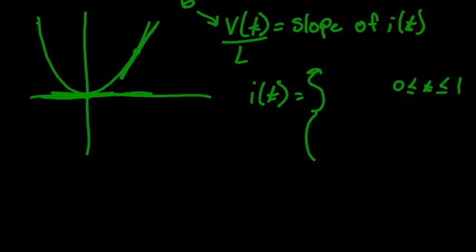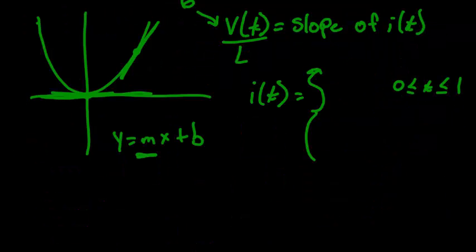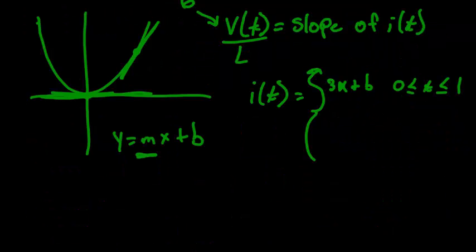If we're going to a regular line, y is equal to mx plus b, where m is the slope. So 3 from 0 to 1 is the slope of I of t. So we can write this as 3x plus b. How do we know b? We go to the initial condition where it says I of 0 is equal to 0 for that interval. All right, let's go. No, this is definitely confusing.